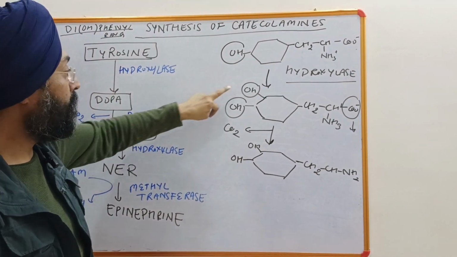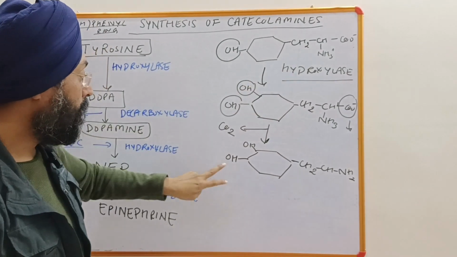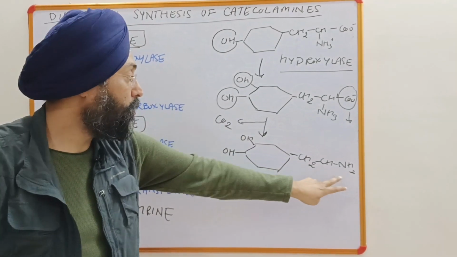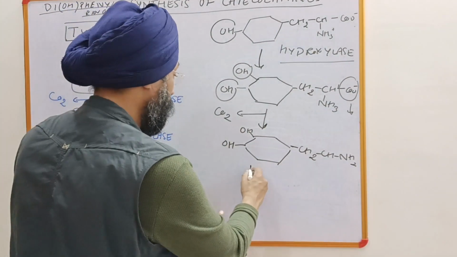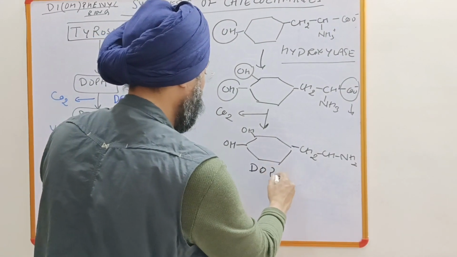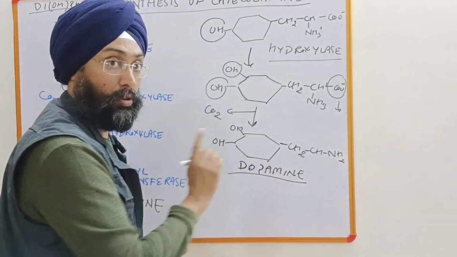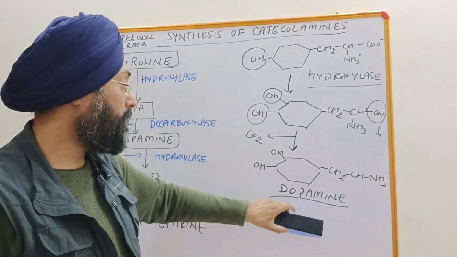Then dopa was there, dihydroxyphenylalanine, by a hydroxylation reaction. Now this is dopamine because carbon dioxide has been removed and it contains an amino group, dihydroxyphenyl and amine, that is dopamine, right? Because it contains an amino group. It is a neurotransmitter that is produced in the central nervous system, right?